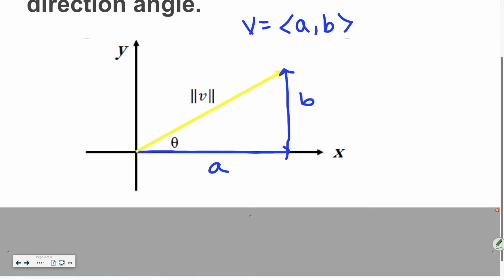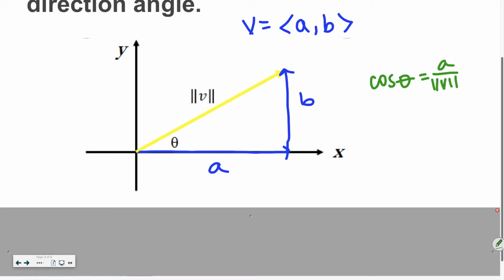All right, Madeline, if I wanted the horizontal component, aka a, how might we find that? If we know magnitude, cosine. We know that the cosine of theta is adjacent over hypotenuse, right?